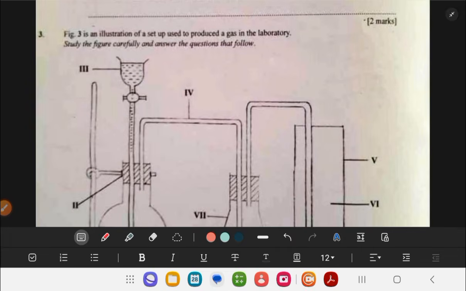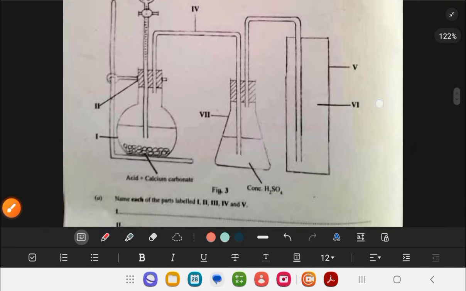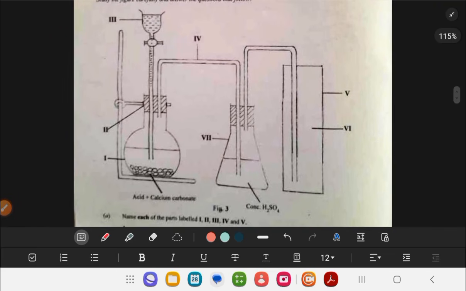So question 3. Figure 3 is an illustration of a setup to produce a gas in a laboratory. So you are supposed to study the figure and then answer the questions. So this is the whole figure.